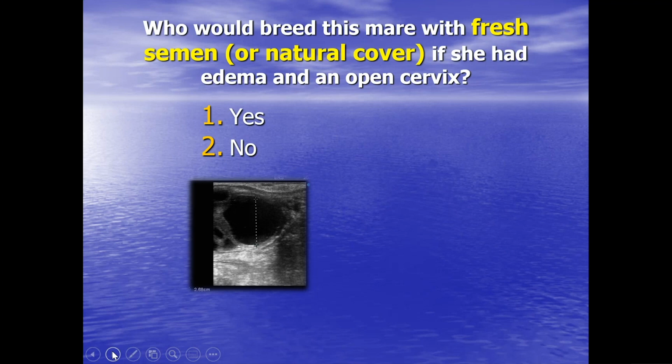And of course, how viable the sperm will be can depend on whether it's a natural cover or fresh semen scenario, whether it's chilled semen, or whether it's frozen semen, because the sperm lives a different number of hours or days depending on whether it is fresh, frozen, or chilled. So let's start our scenario with who would breed this mare with fresh semen or natural cover.